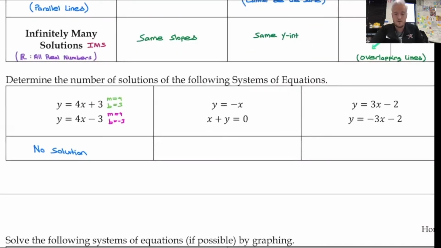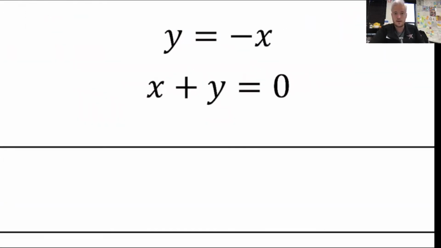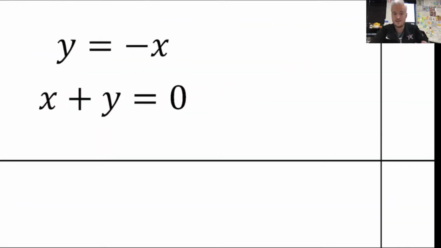All right, now looking at this next one here, we have y equals negative x and x plus y equals 0. Since both of these equations are in different forms, for example, the top one here is in slope-intercept form technically, and this equation down here is in standard form, I want to convert. So I'm actually going to convert my top equation to standard form. Although if you want to convert the bottom one to slope-intercept form, that works as well.